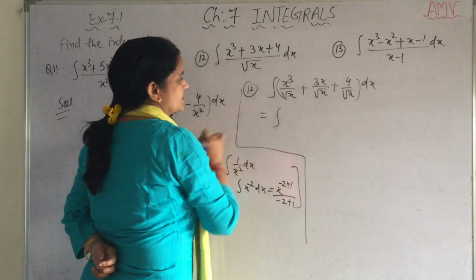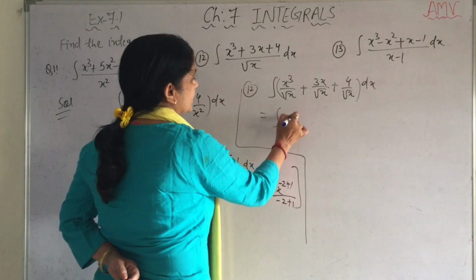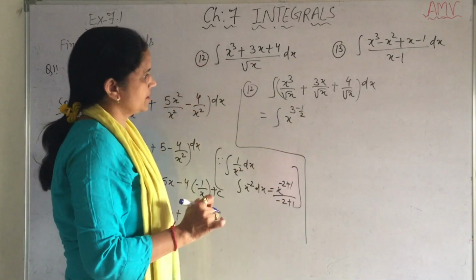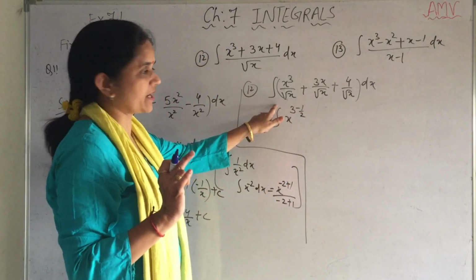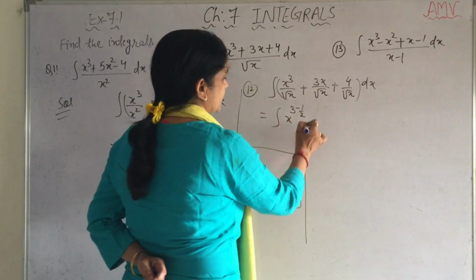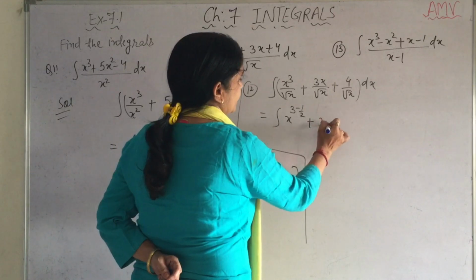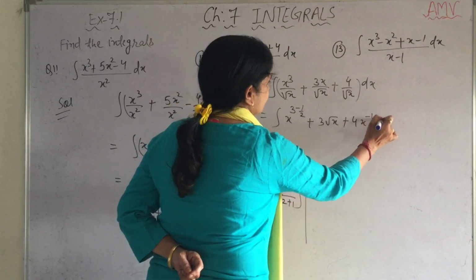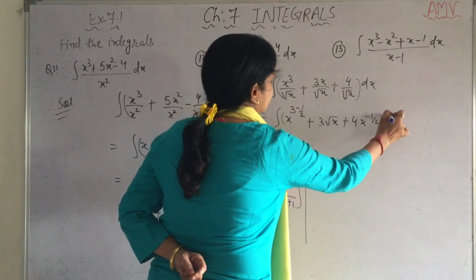Now first simplify it. You will get x power 3 minus 1 by 2. Under root x means x raised 1 by 2, and in the denominator it becomes x raised minus 1 by 2 plus 3, here it is root x, and plus 4 x raised minus 1 by 2, and then dx.